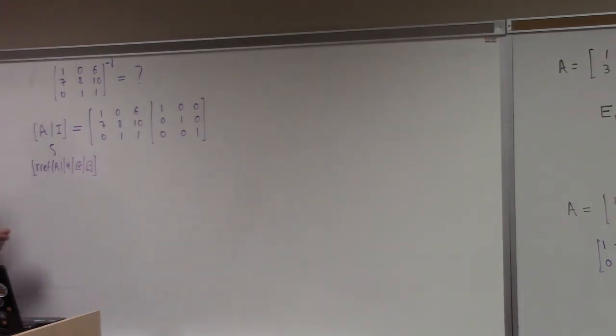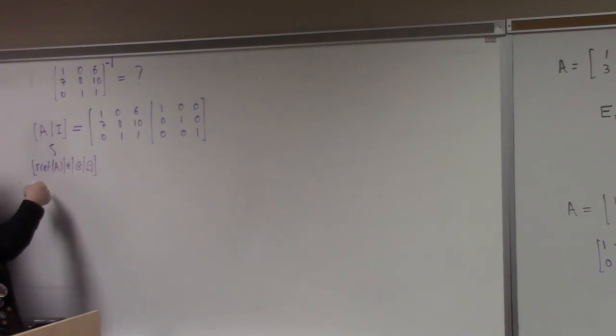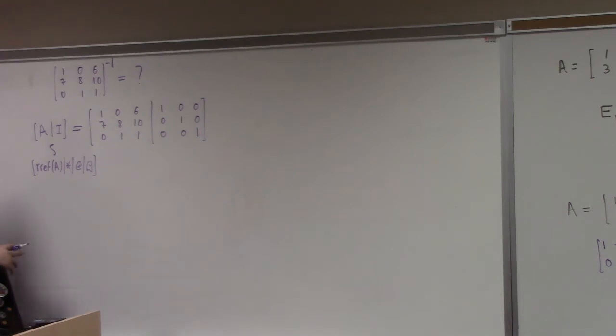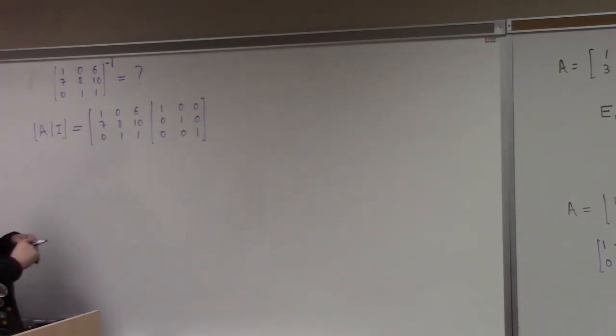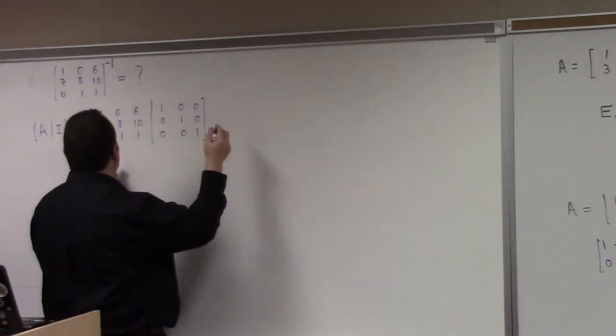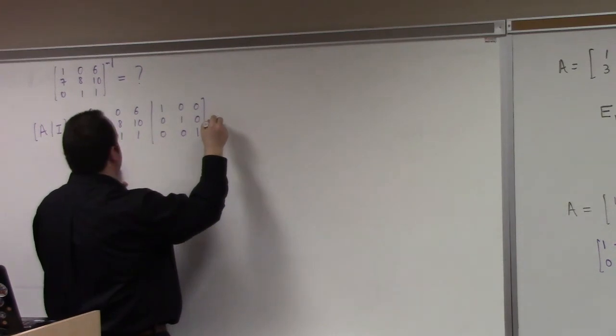And I explained in the video that the star, the Pac-Man, the ghost, those are solutions respectively to the systems with the columns of the identity. I explained the theory in the last video. So let me get back to work here. So we had to do some row reductions.